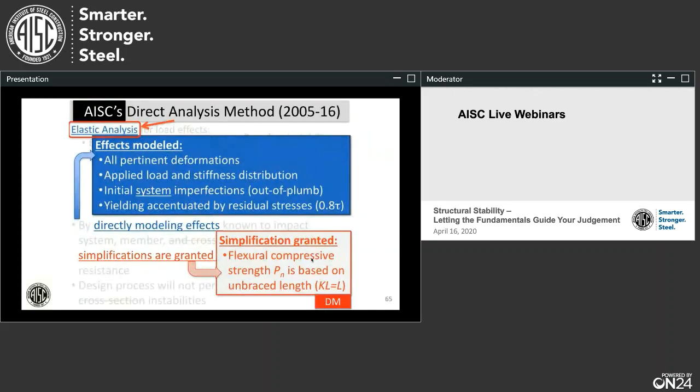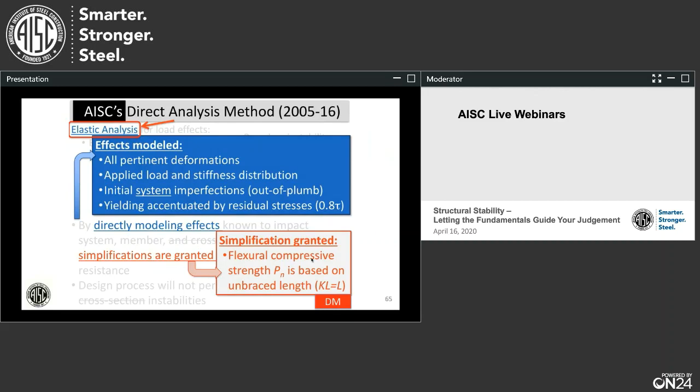Like I said, in 2005, we came out with the direct analysis method. In 2010, it was upgraded from an appendix to the main body of the specification, and it continues there today. In the main body, the original direct analysis version 1.0 simply says, look, if you model the pertinent deformations, the loads and the stiffness of the structure, and you model the system imperfections, not the member imperfections, they'll be captured by the column curve, but the system imperfections, the out-of-plumb of the stories, and you account in some way for the possibility of yielding, and we agreed that a 0.8 on tau would do the trick.